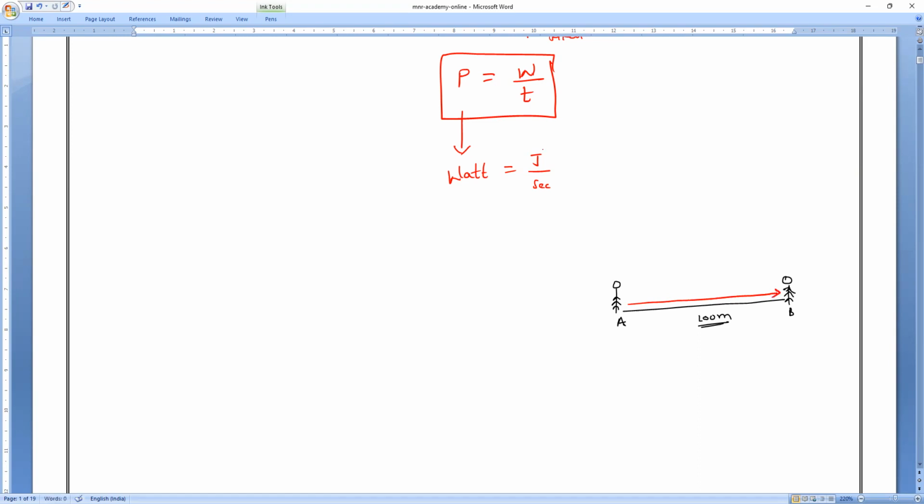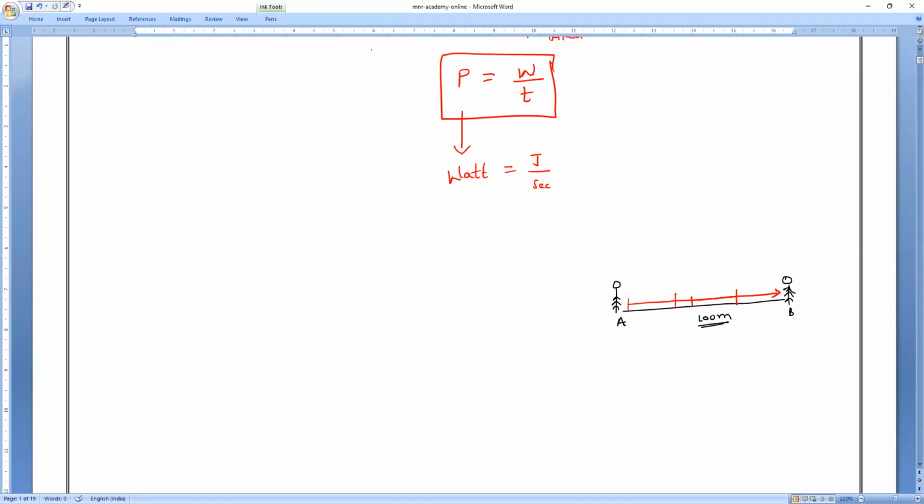Do you all understand? Sometimes he may cover more distance in less time, sometimes less distance in more time, and some other time again more distance in less time. His work done is not uniform throughout the journey. Sometimes he will run faster, sometimes slower.